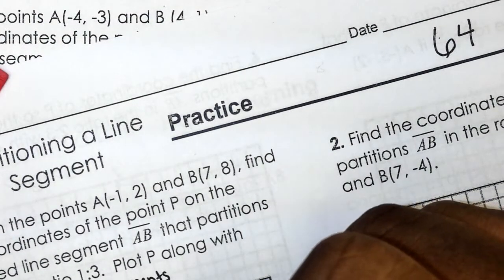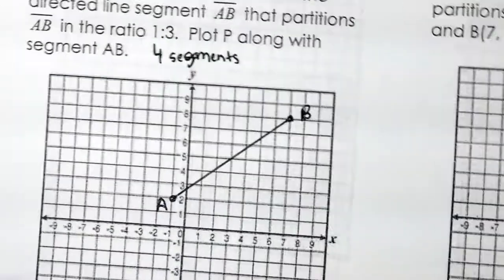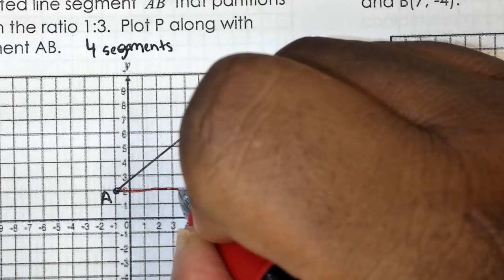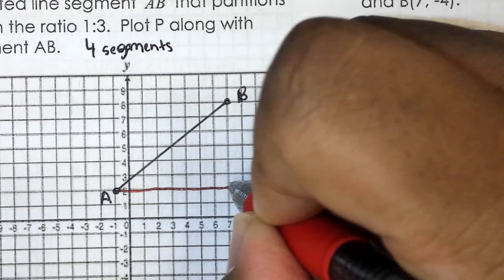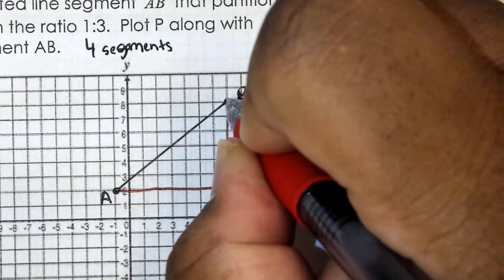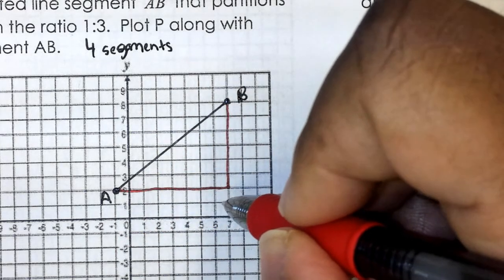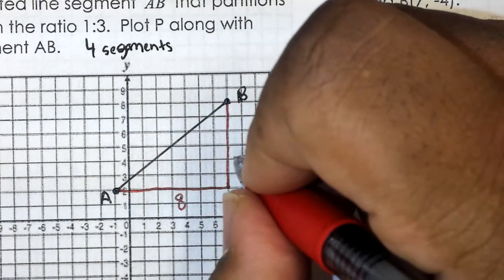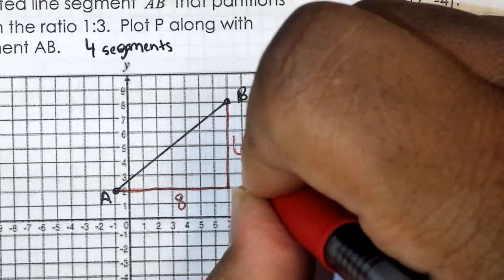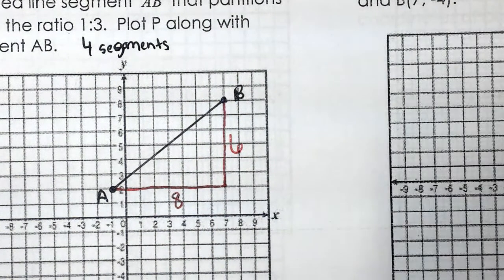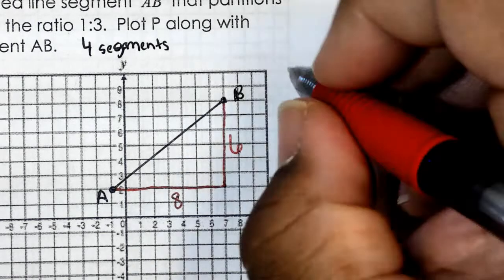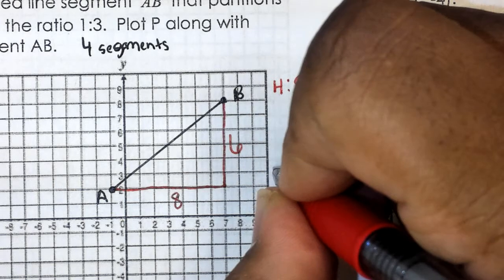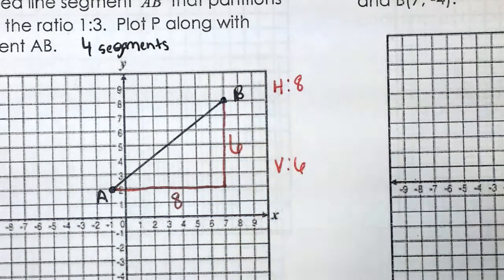A, B. So it says from A to B, so I'm going to the right with my triangle, then I'm going up. To the right, I'm moving over 8, and I went up 6. These are both positive. Positive 8, positive 6. So horizontal change is 8, vertical change is 6.